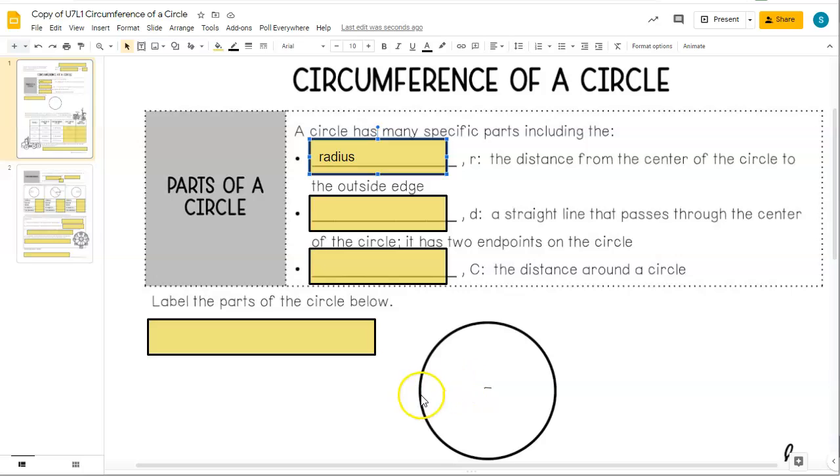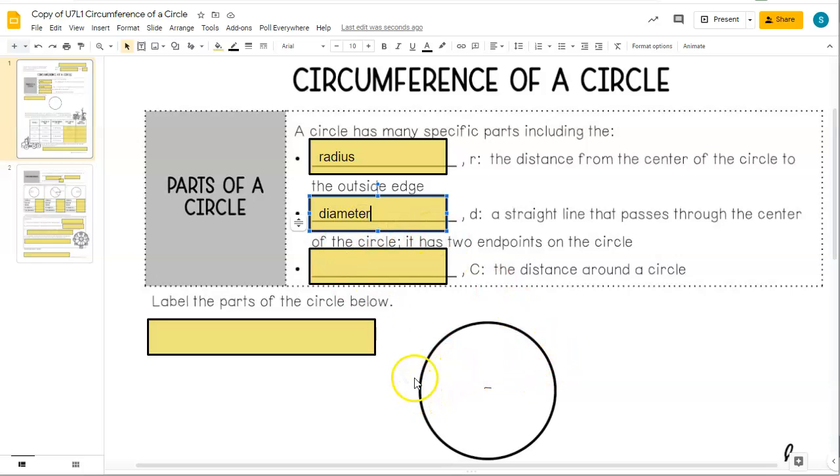Now, if we were to cut the circle in half, going straight through the middle, that length from one side of the circle to the other is called the diameter. And you'll notice that the diameter is twice the radius.